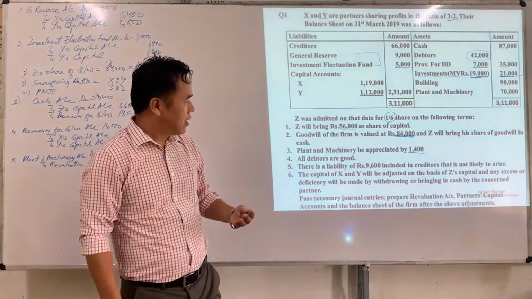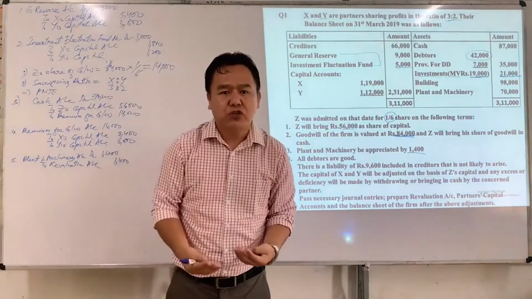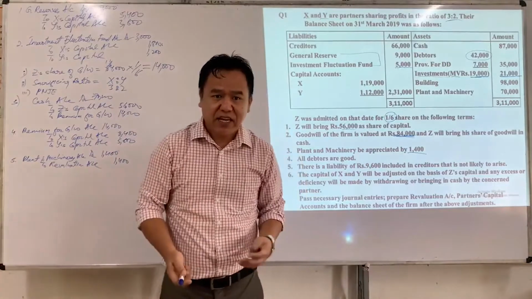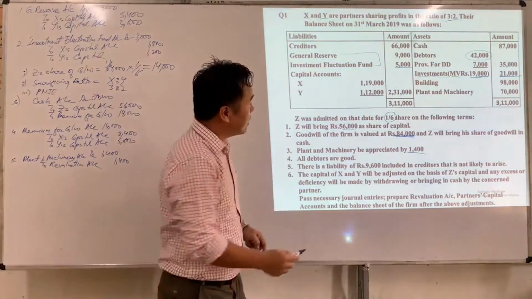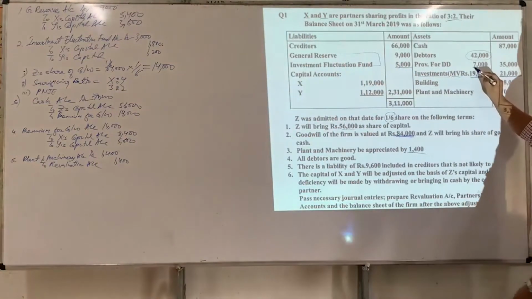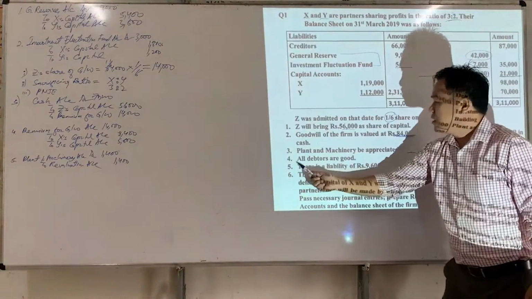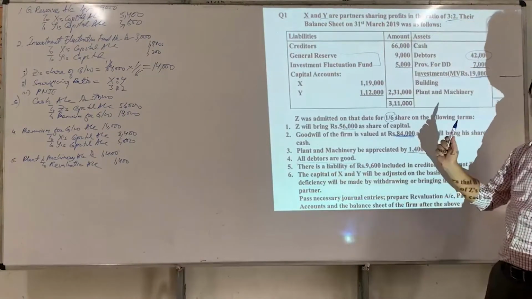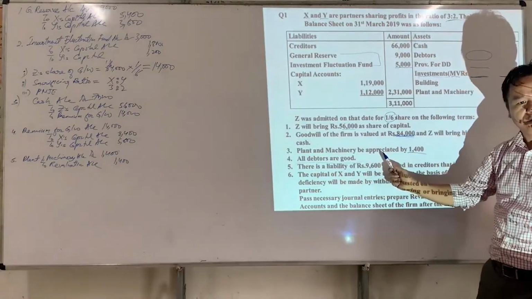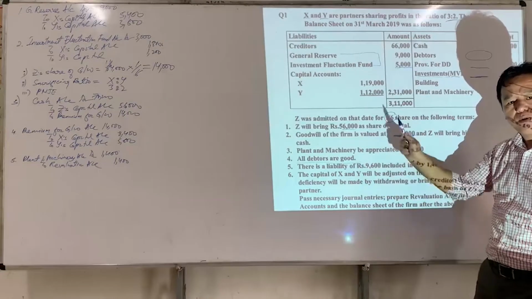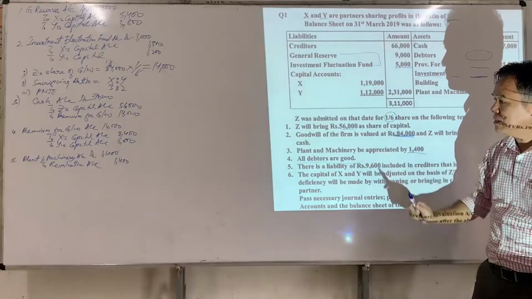Here, the old provision for doubtful debt is 7,000, whereas the new provision for doubtful debt is nil, 0, since all debtors are capable of making their payment on the due date.